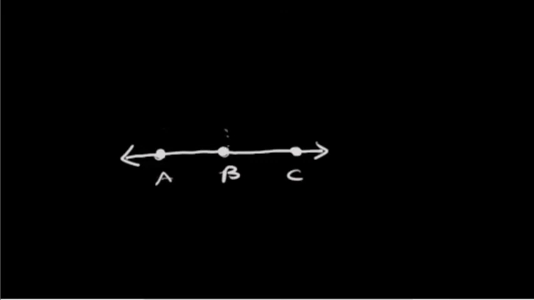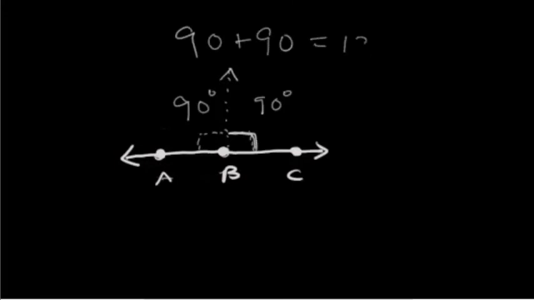And if before we drew an angle like this and it measured 90 degrees, then this section right here is going to give us 90 degrees. And then if we go over here, then this section is also going to give us 90 degrees. So if we add up both, a straight angle is going to give us 180 degrees.